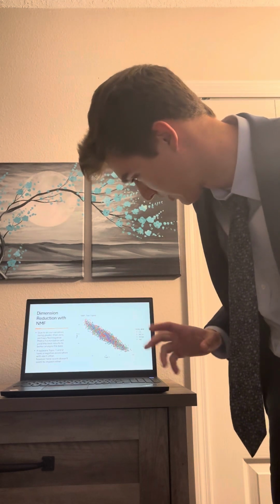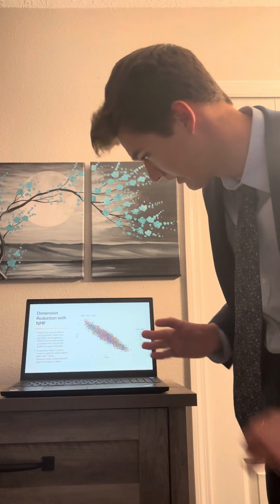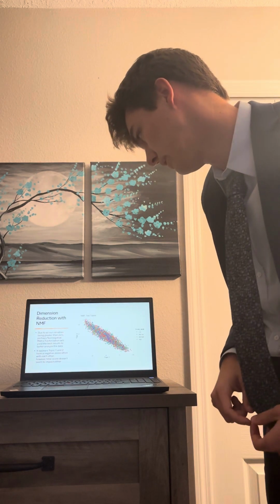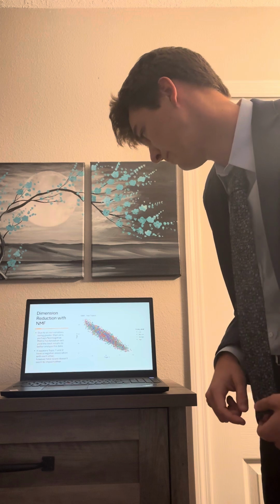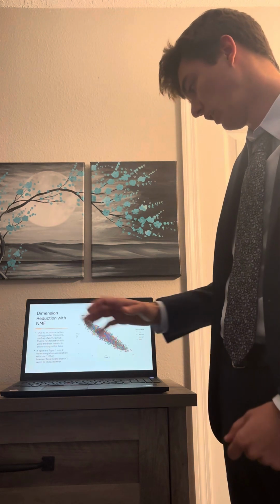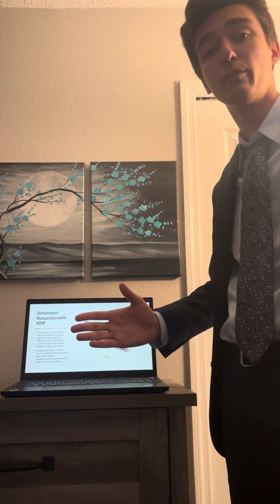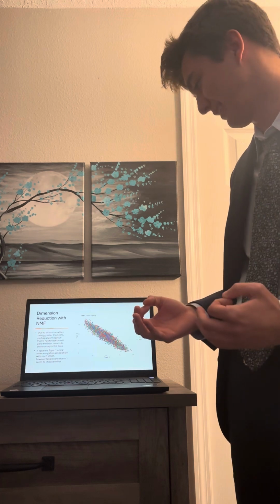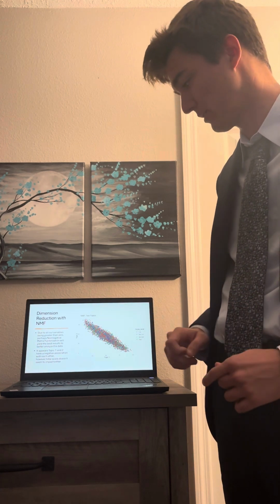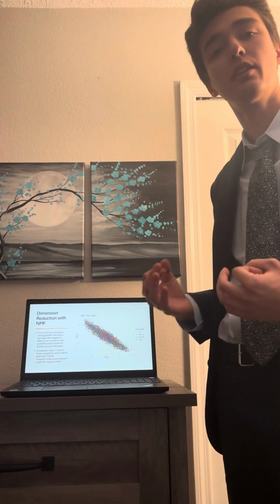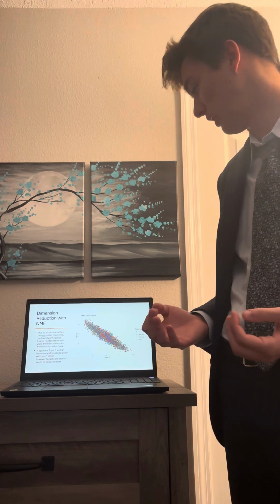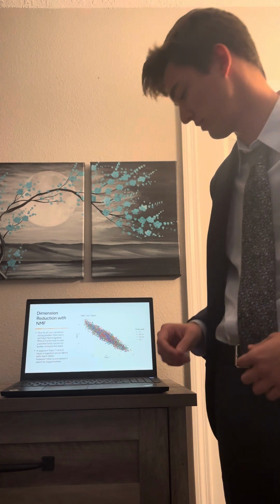There's no cutoff at a certain point for any color. They're all along the way. So we can determine that a negative relationship exists between topic 1 and topic 2. But what that is, we can only guess.